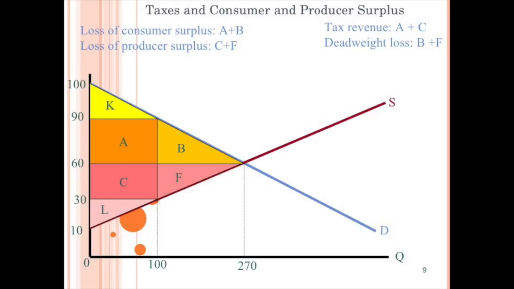The tax causes consumer surplus to fall to that area K, and the producer surplus to fall to that area L. And this makes the buyers and sellers worse off, and the government better off.